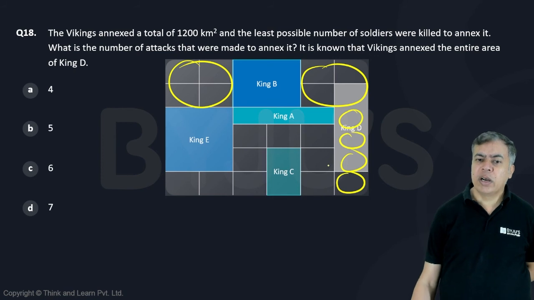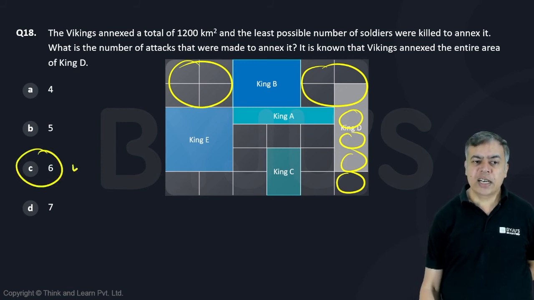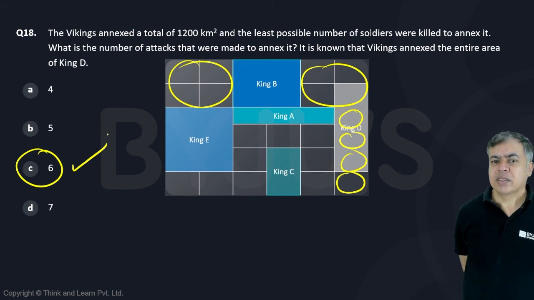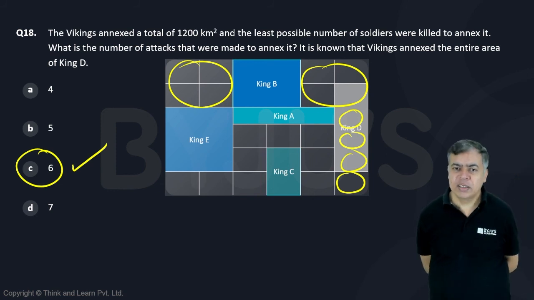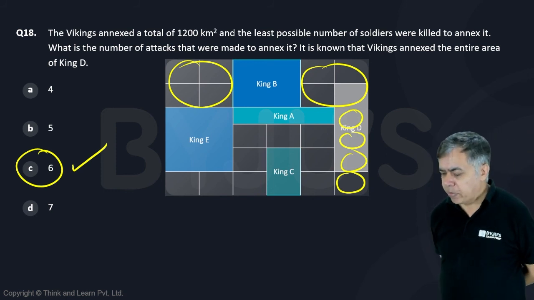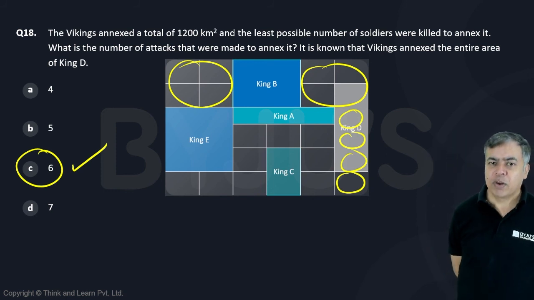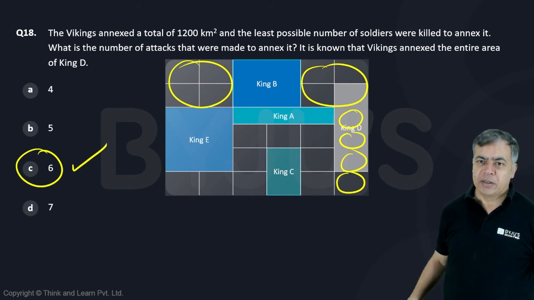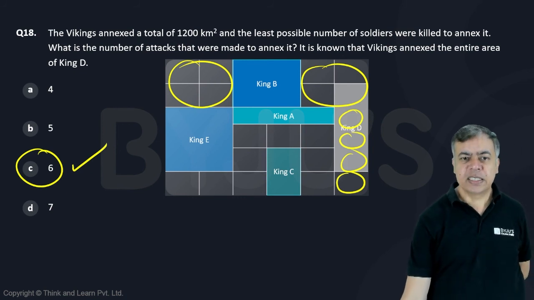We need to attack these 4. Because to get that entire area, 4 plus 1 plus 1, so 6 attacks are required. Otherwise you cannot get the minimum number of soldiers killed. So there will be 6 attacks.